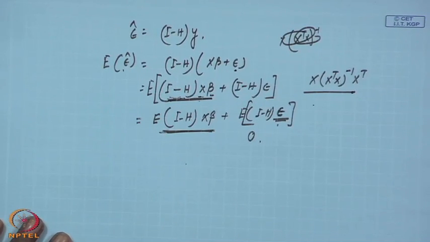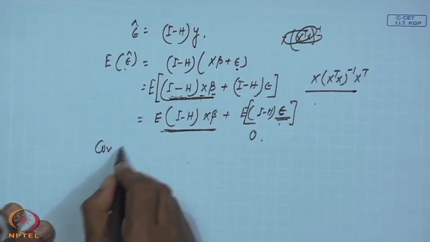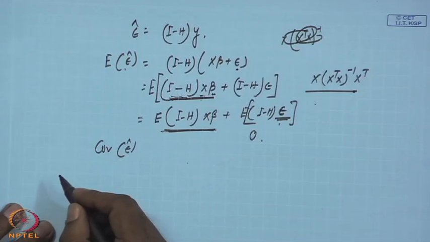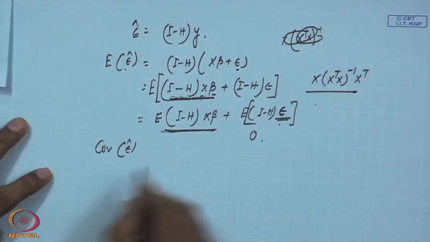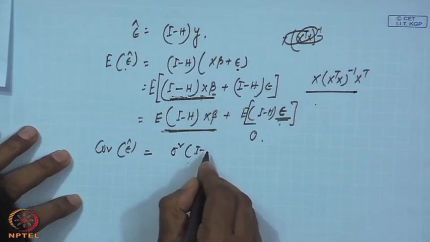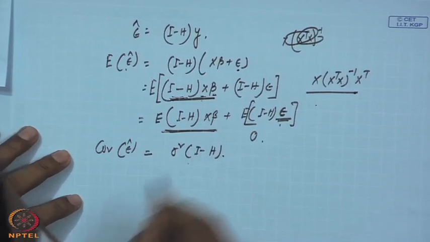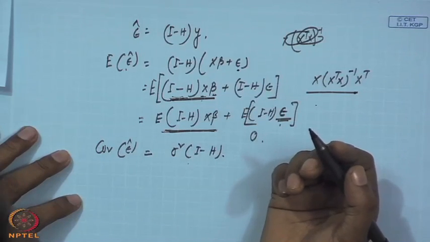Okay. So, that means some value will be there. Similarly, you need to find the covariance matrix of this. The resultant covariance matrix will be, I am straight away writing the resultant part, sigma square (I minus H) transpose, those things will also come.